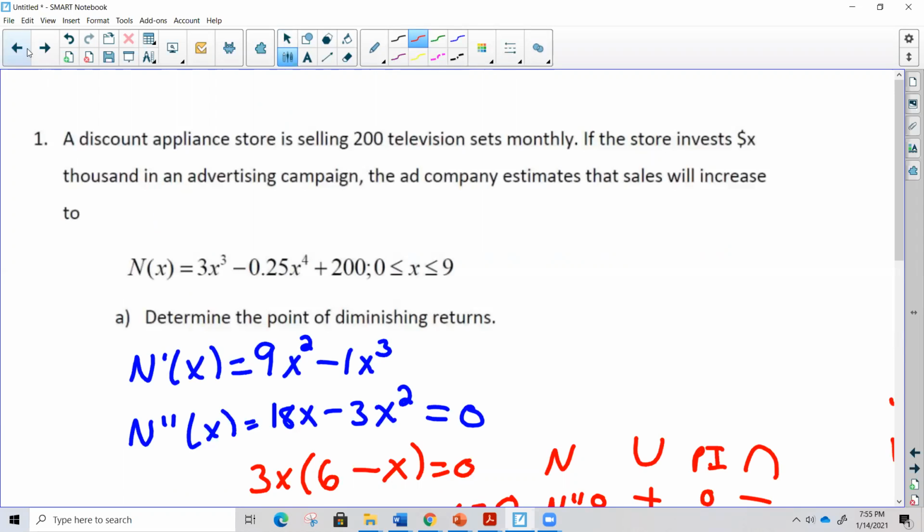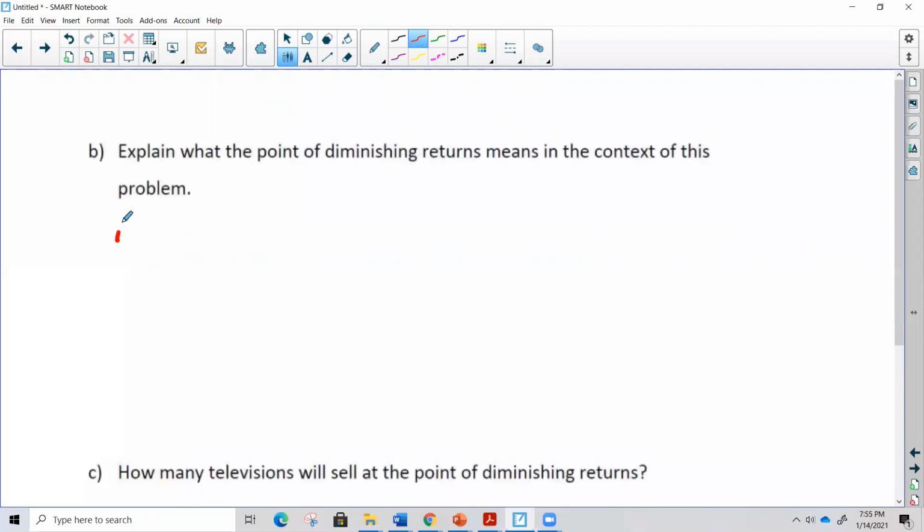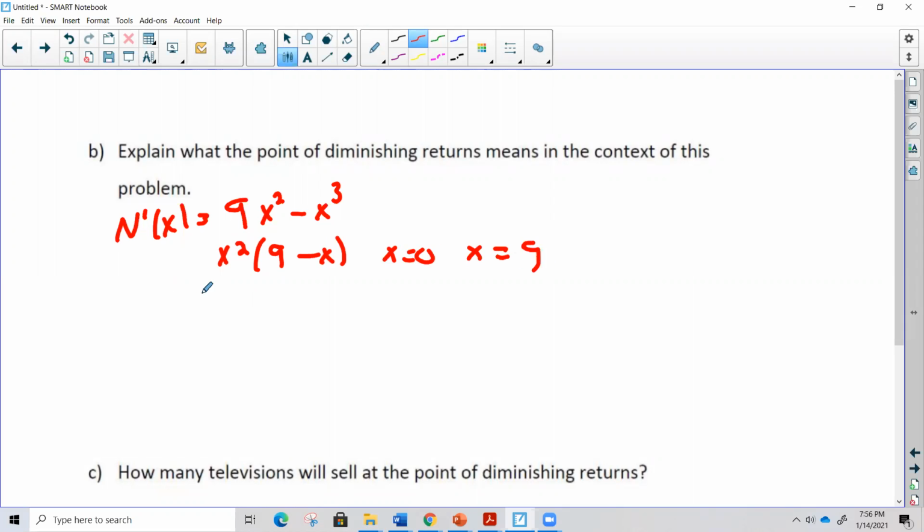So if I go back, my first derivative was 9x squared minus x cubed. If I factor out an x squared, I get x squared times 9 minus x. I would set x squared equal to 0 and 9 minus x equal to 0.